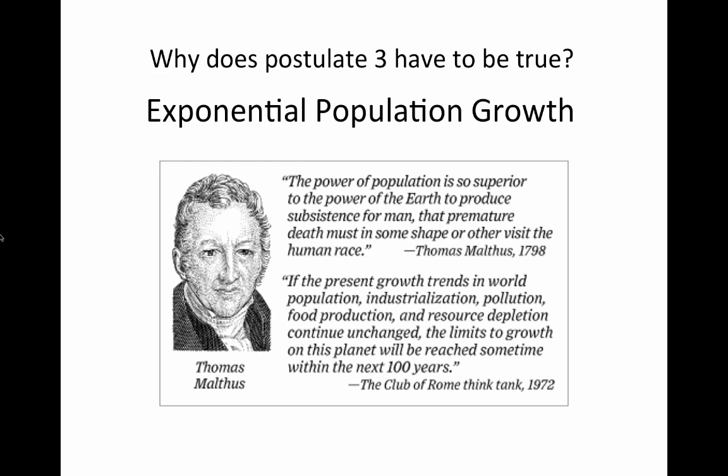So the quotation here: the power of population is so superior to the power of the earth to produce subsistence for man that premature death must in some shape or other visit the human race. So Thomas Malthus was not intending to influence the world of biological sciences.